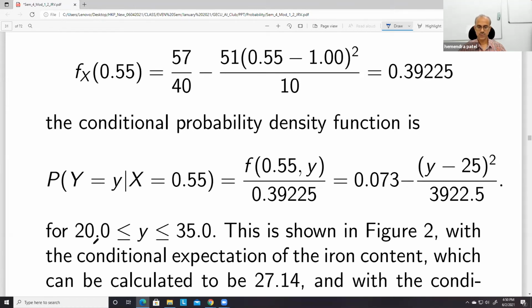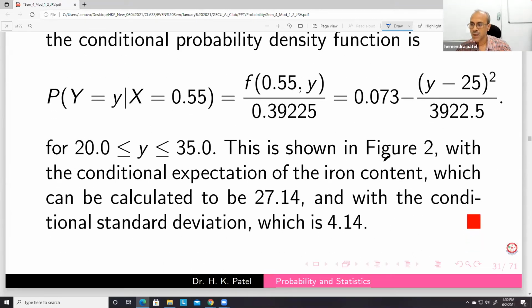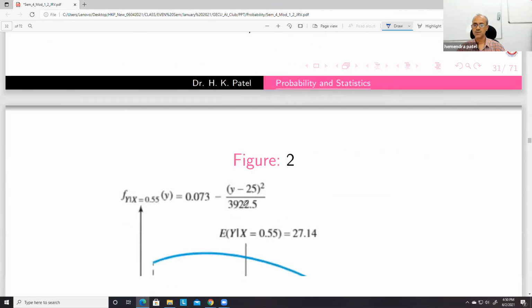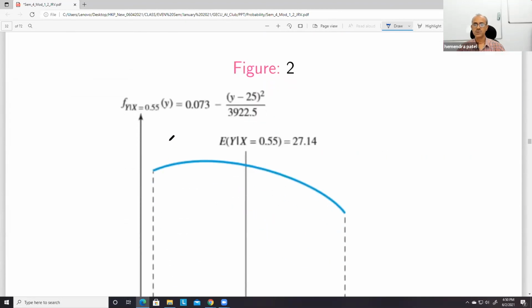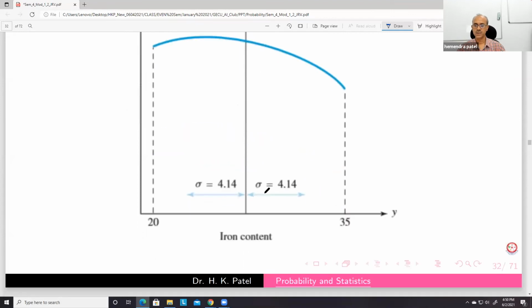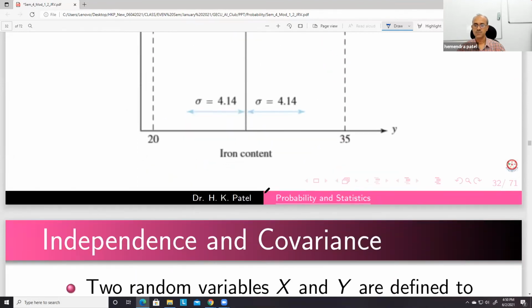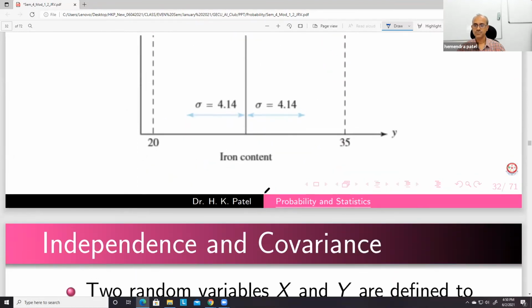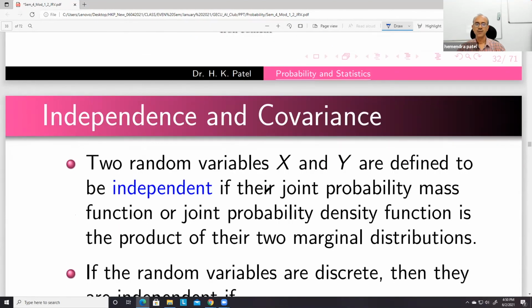If you take y is equal to 20, you will get some value, 35, you will get some value like that. Geometrically it is given here.